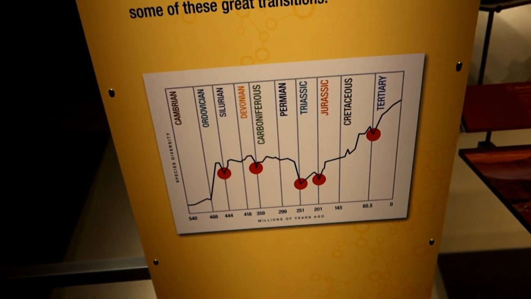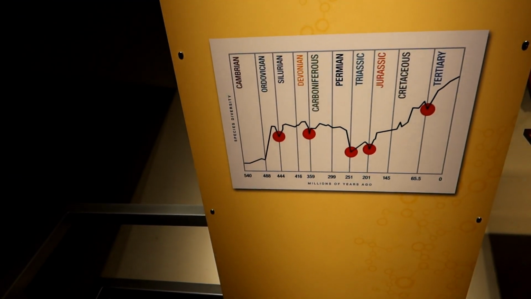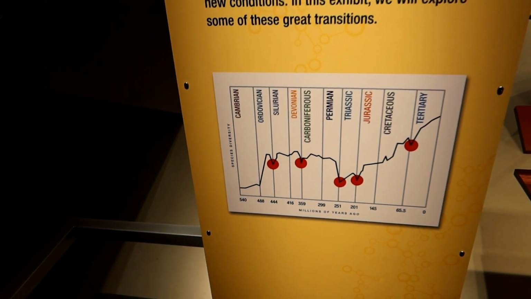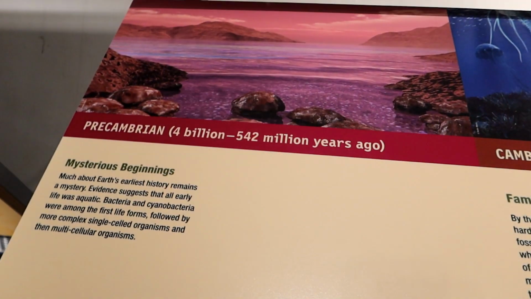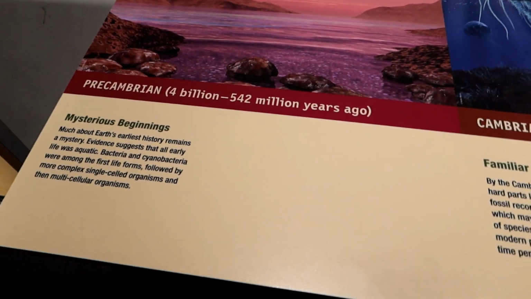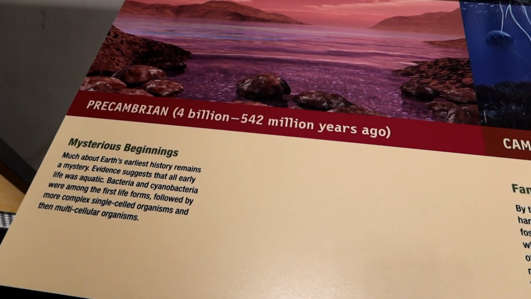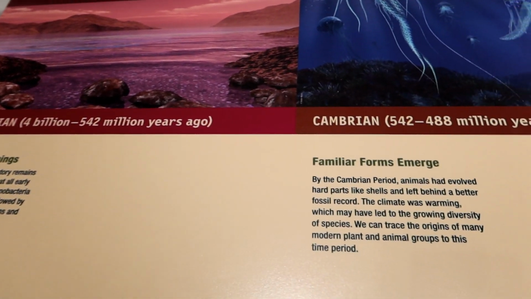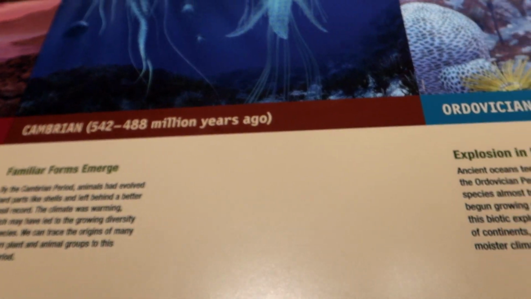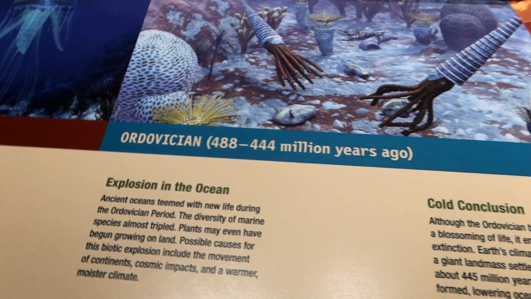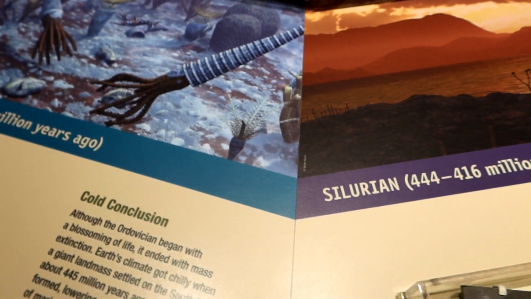And oftentimes it's one of these major extinction events that defines the boundary of one period to another. So they're calling this the Precambrian, which is about 4 billion to 541 million years ago. The Cambrian, that's when life first started really appearing. Get more and more recent.